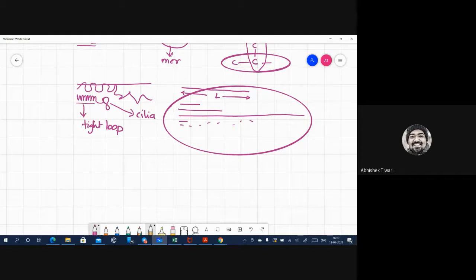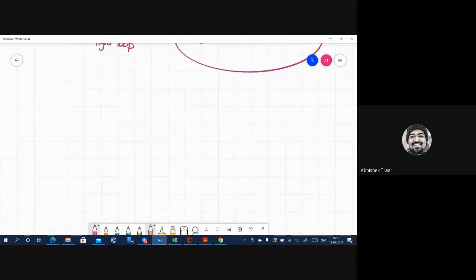So what can we do? We can do a few things. So basically, the first way of calculating the molecular weight of a polymer is to find out how many molecules are there. Okay, so let us say that I have n number of mers in a certain system.